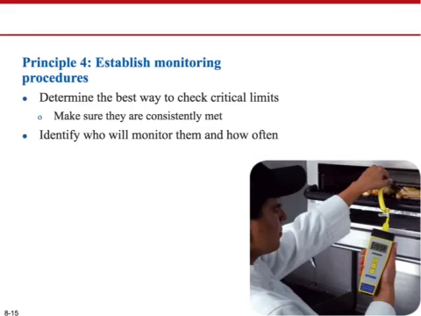Then, once you've analyzed your hazards, determined your critical control points, and set some critical limits, you determine how you are going to keep track of this. How are you going to monitor it? It usually involves a combination of temperature taking and logging, and a system for monitoring that.